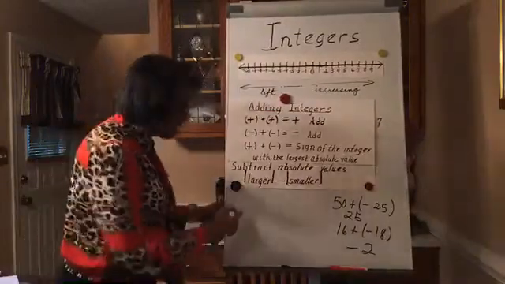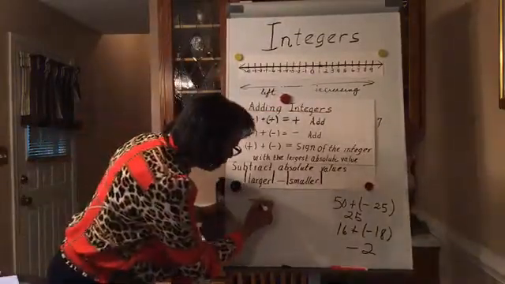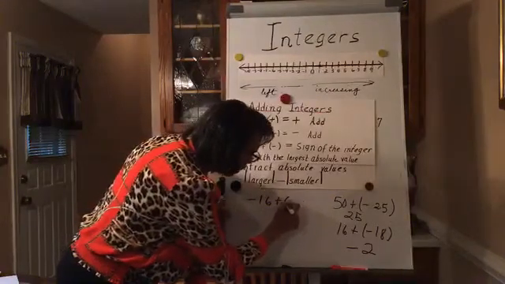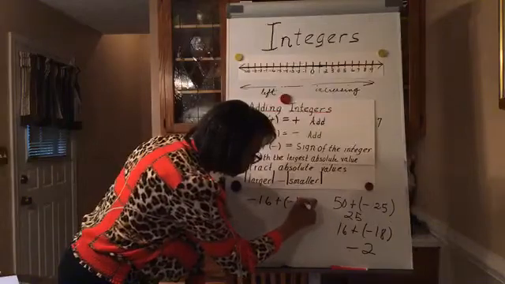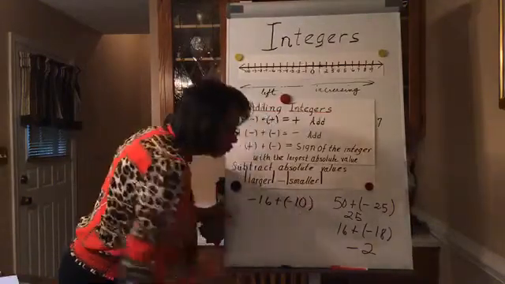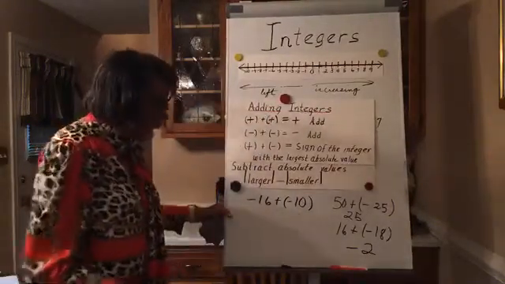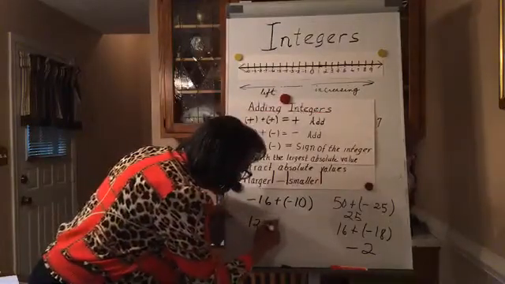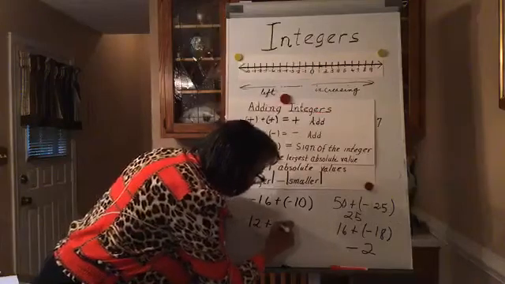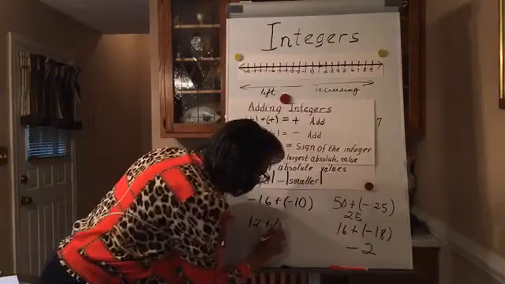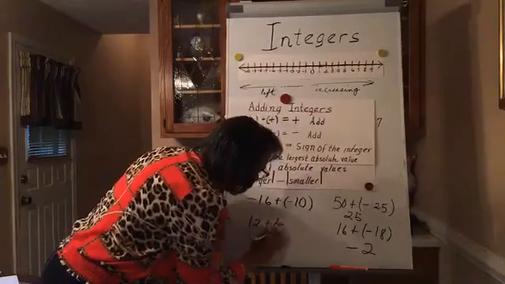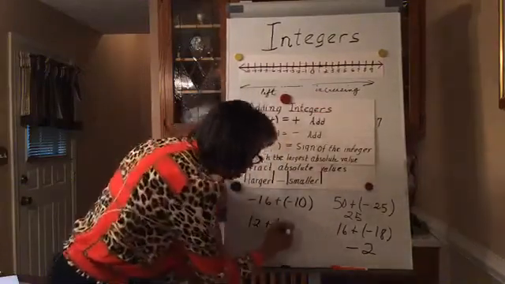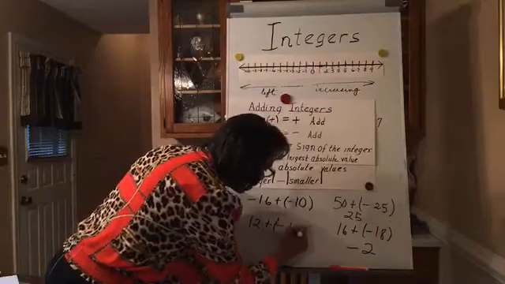All right, so now let's add negative 16 plus negative 10. Okay, and let's do 12 plus negative 18.